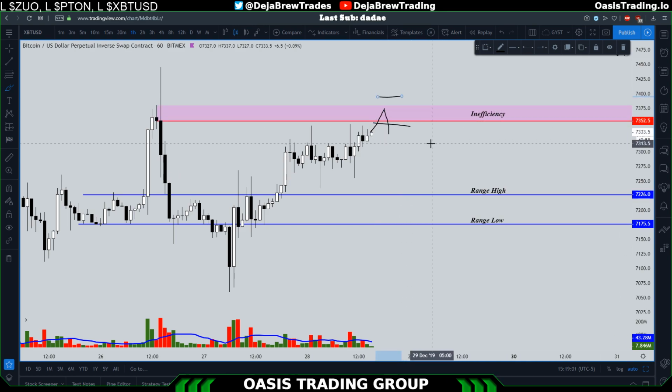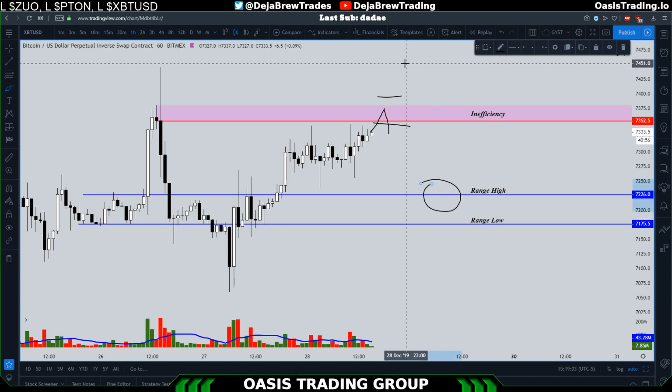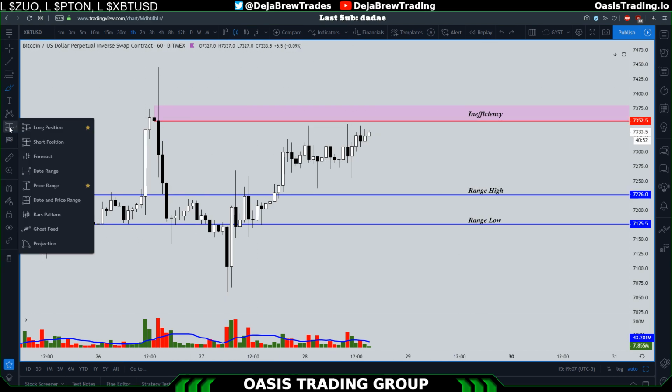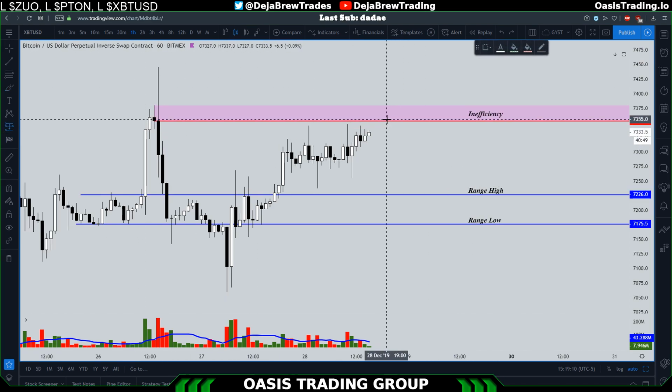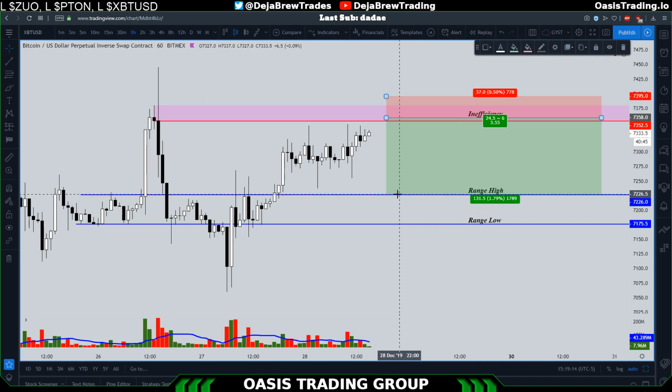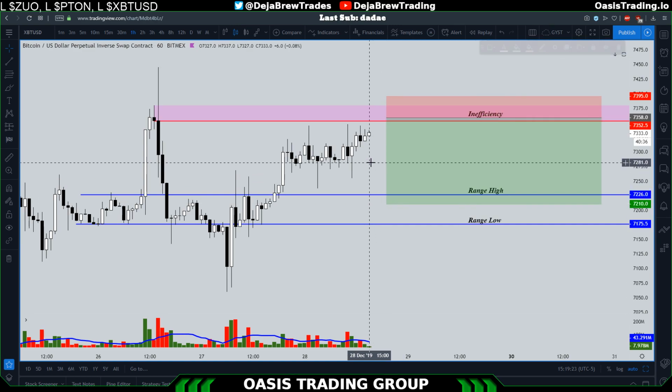And that's a good short signal there. Stop loss above the inefficiency, and then targeting the previous range. That is the goal. It'd be about something like this. 0.5% stop loss, about 2% overall target. So about a 4-to-1 trade.